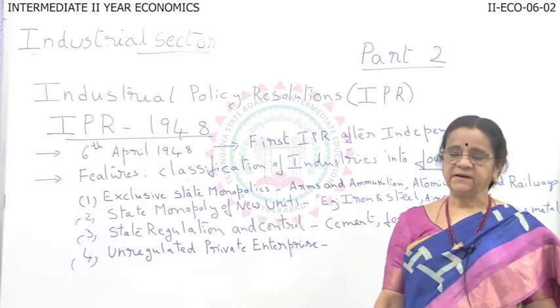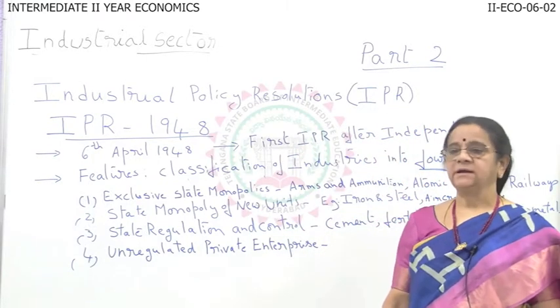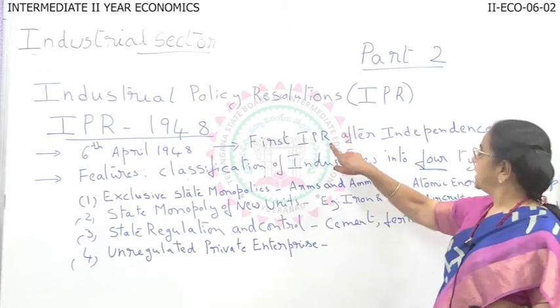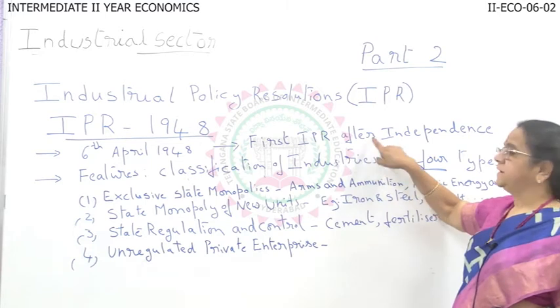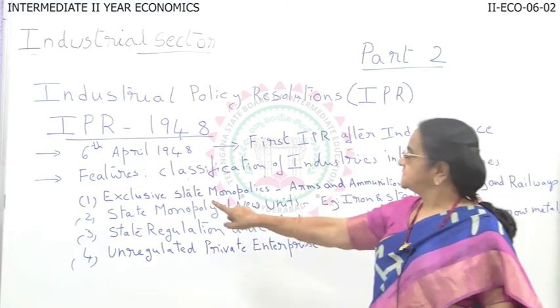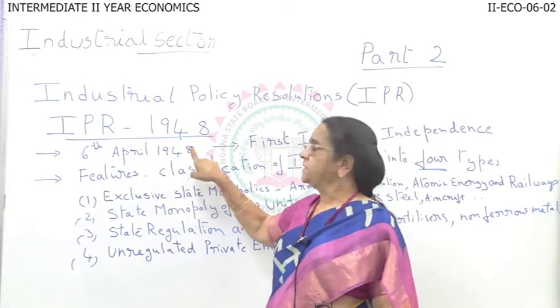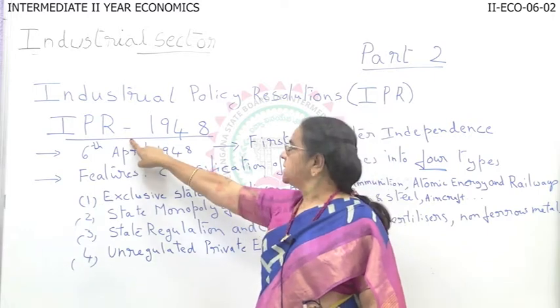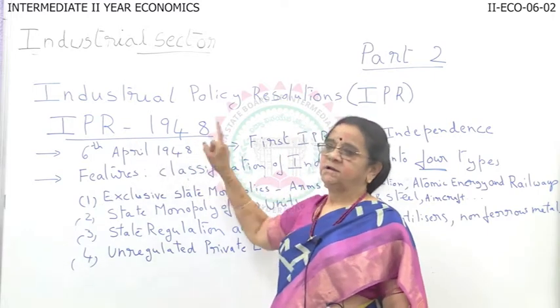In specific, when we come to industrial policies, the first IPR after independence was announced on 6th April 1948, which is known as IPR 1948.